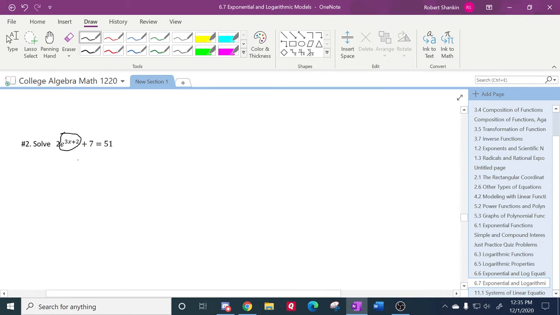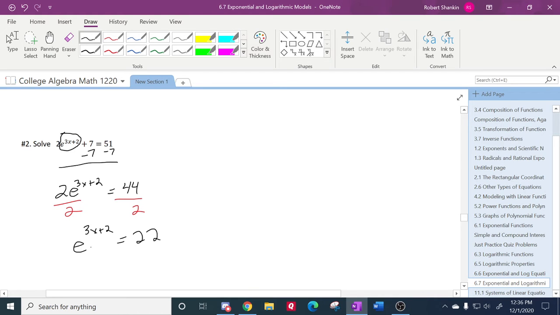The variable is up in the exponent position. So we're going to isolate the thing that I circled first, where the problem is. And that's going to be 44, and then we're going to divide by 2. Okay, so now I isolated the problem area.